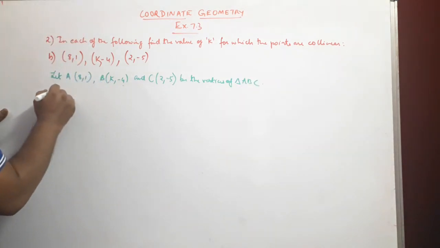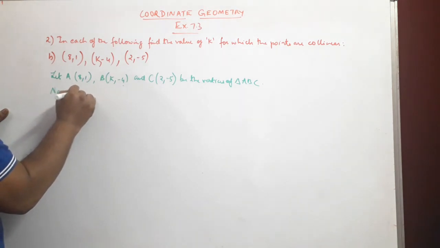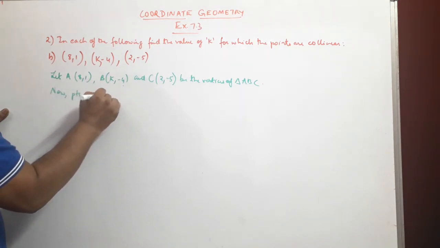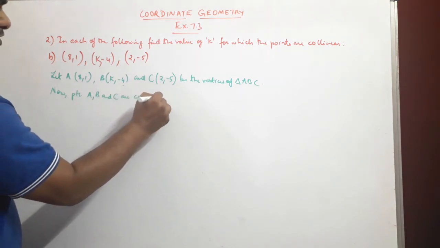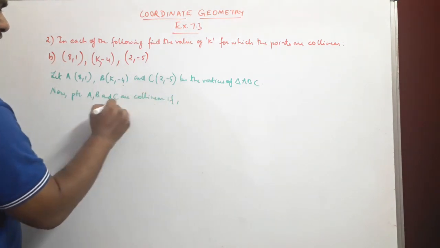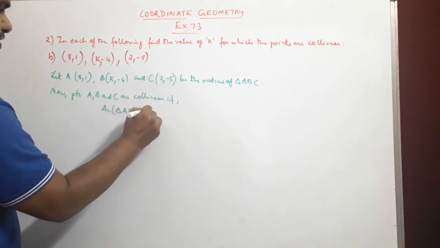Okay. Now points A, B and C are collinear if area of triangle ABC equal to 0.